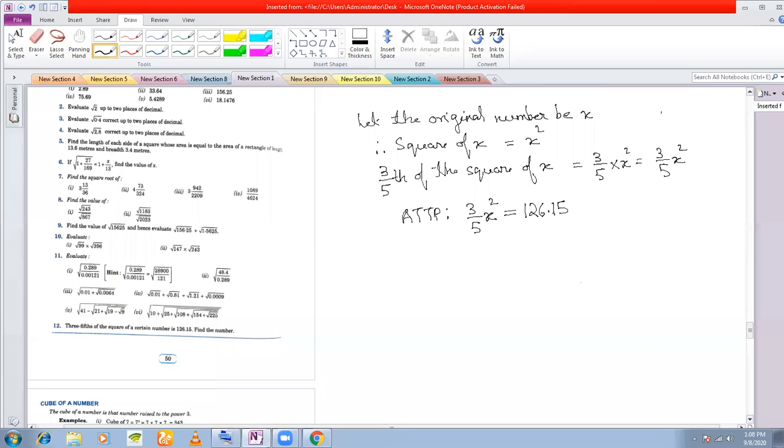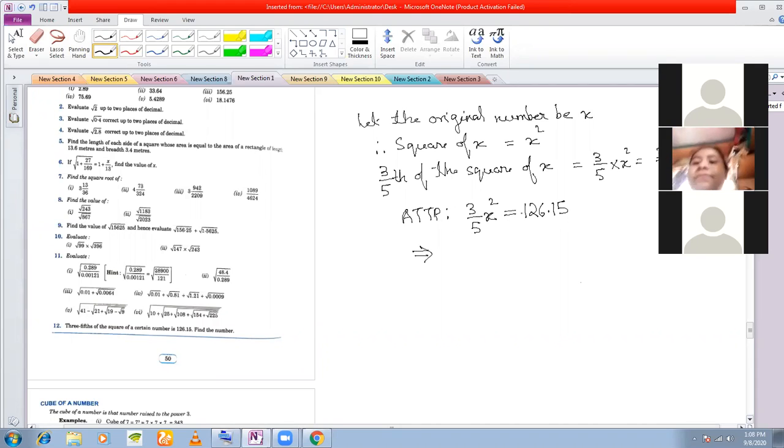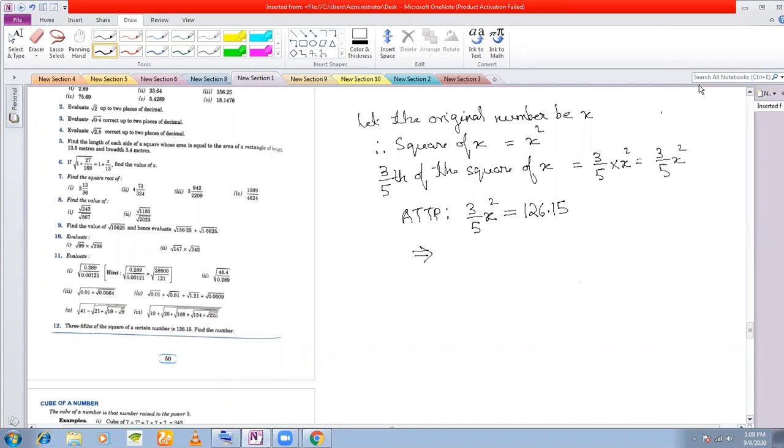Now the question here is how to find x from this equation. So what you do here is you convert this to a fraction, and then we'll work. That is, we can write this as 3/5 x square is equal to 12625 divided by 100. Now you cross multiply. You get 3x square into 100 is equal to 12625 into 5.